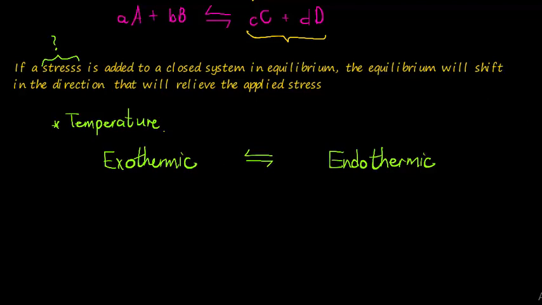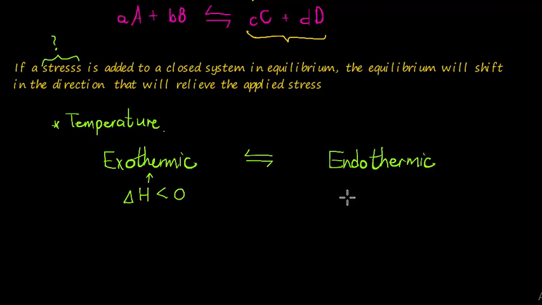Exothermic means my forward reaction will have an enthalpy that is less than 0. Remember, the change in enthalpy tells me how much energy is needed for a reaction to occur, and when my enthalpy is less than 0, it means I have a negative answer. I don't need energy. Energy is expelled: exothermic.